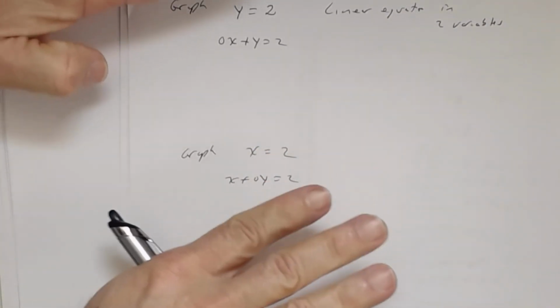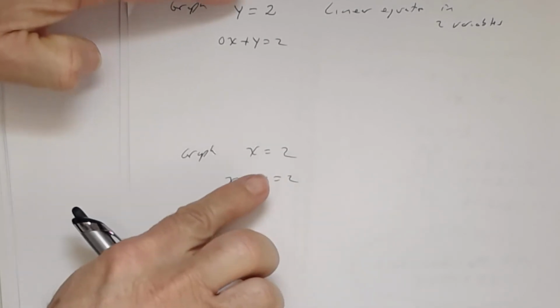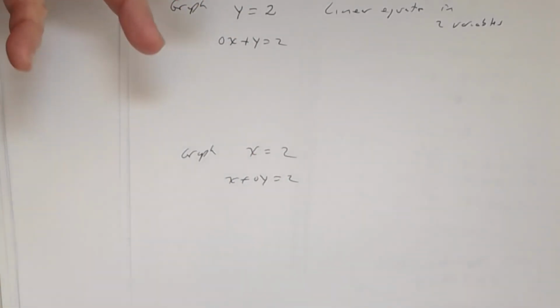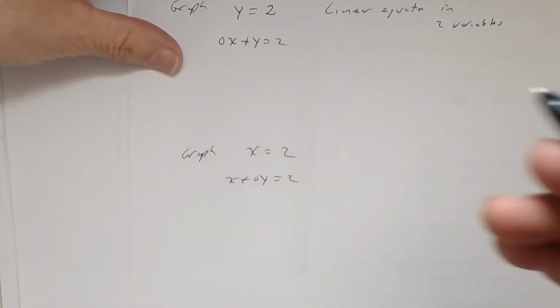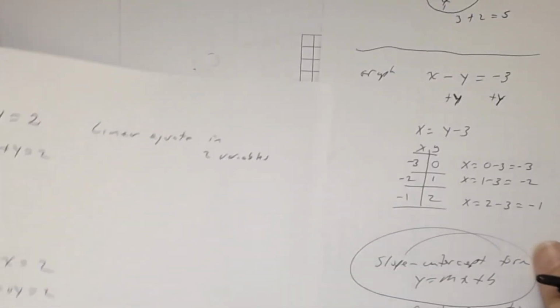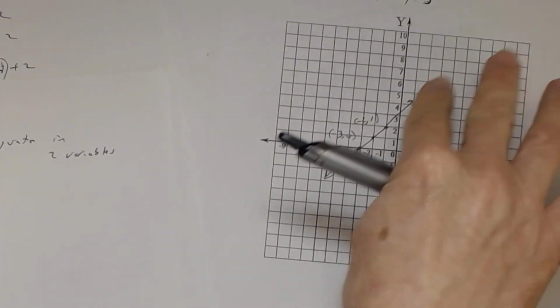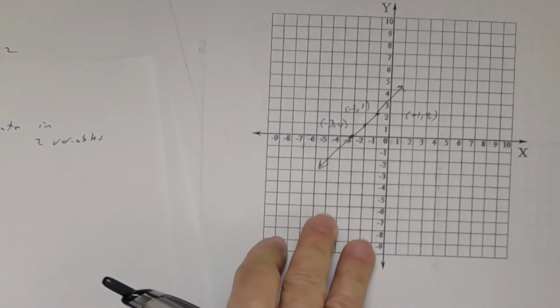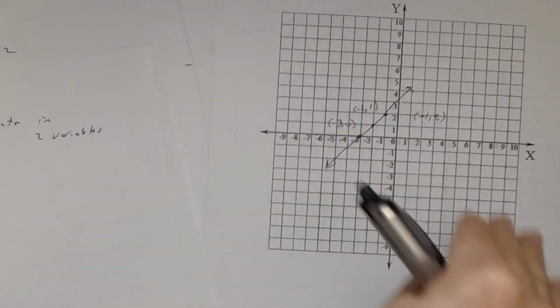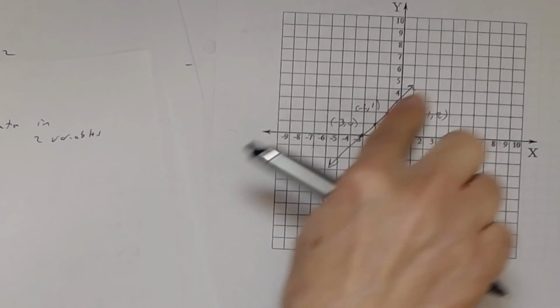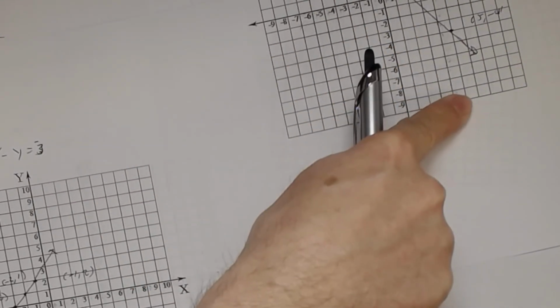So whenever you have a linear equation in two variables and one of the variables is not there, then you're dealing with either a horizontal line or a vertical line. Notice in all the graphs we've done, were any of those horizontal or vertical? No, they were slanted, right? They either rose or they fell.